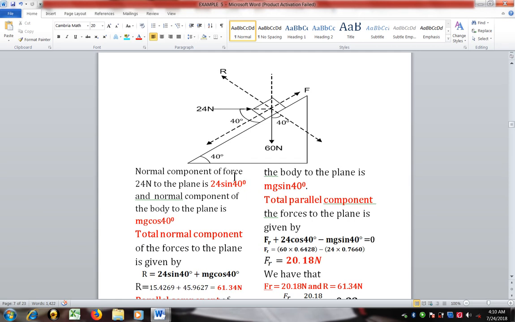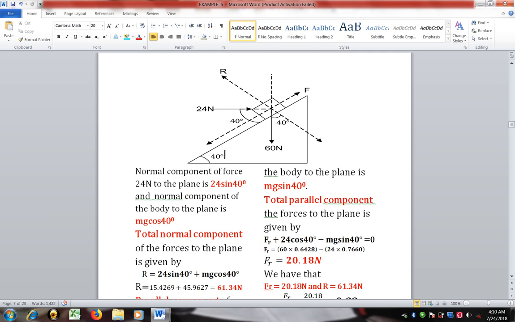Now let's get the normal component of the weight of the body, and that is going to be from the weight mg, because the angle between mg and the normal direction to the plane is 40 degrees. If you look at this triangle and this triangle as well, you see that they are similar triangles.